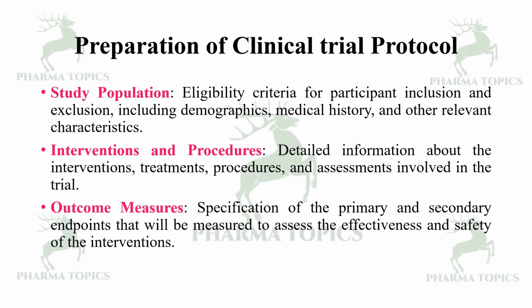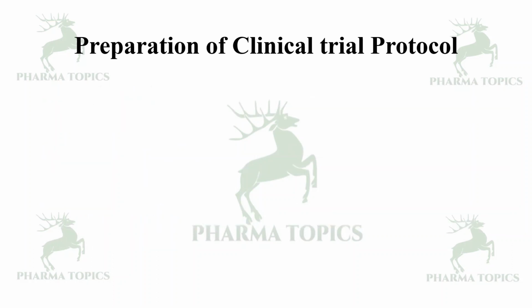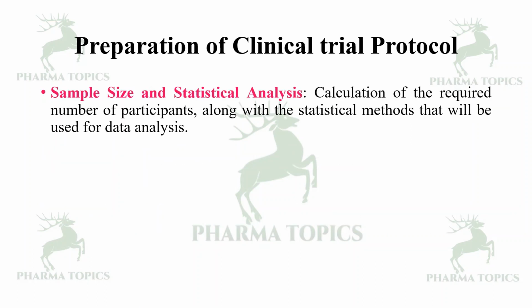It should have a specification of primary and secondary endpoints that will be measured to assess the effectiveness and safety of the interventions. Then sample size and statistical analysis. It should have data about the calculation of the required number of participants along with the statistical methods that will be used for data analysis.